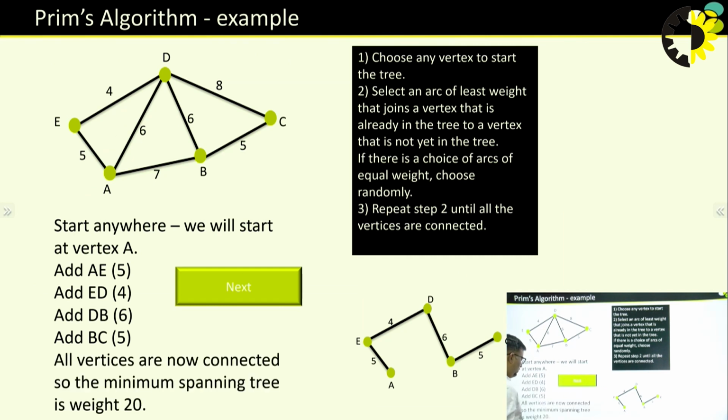Then we will get the minimum spanning tree's weight is 20.